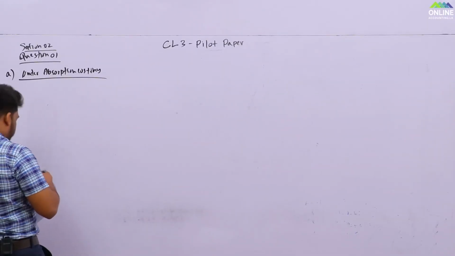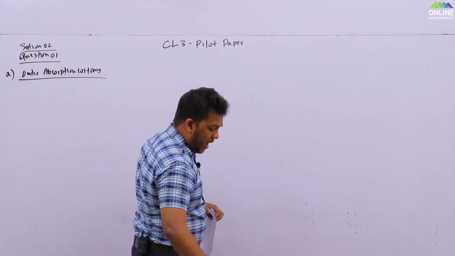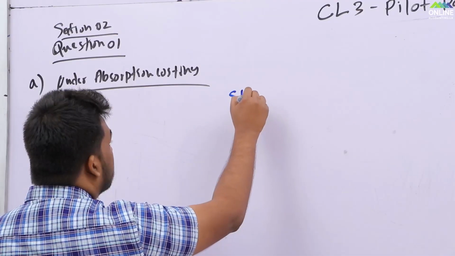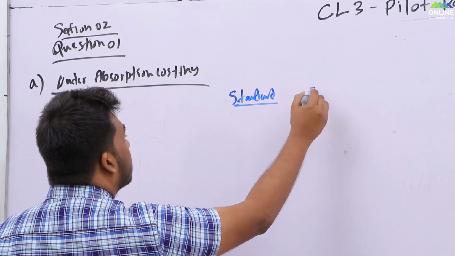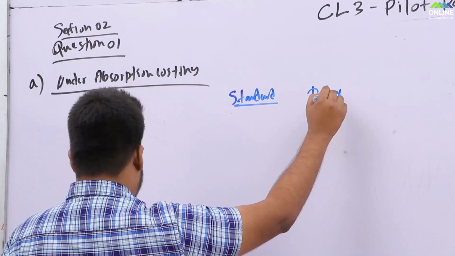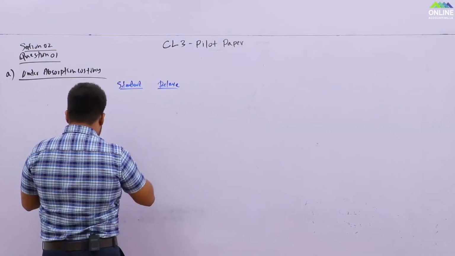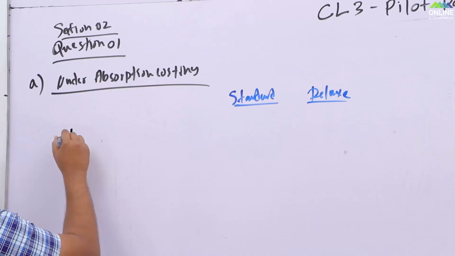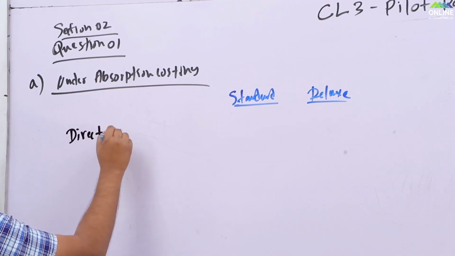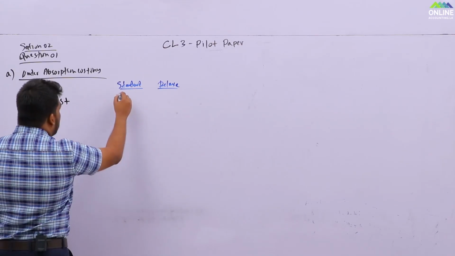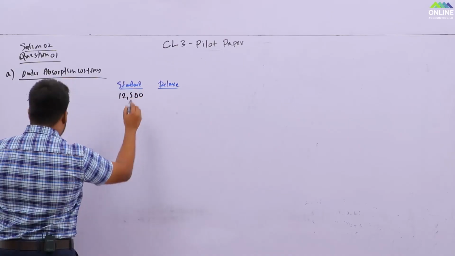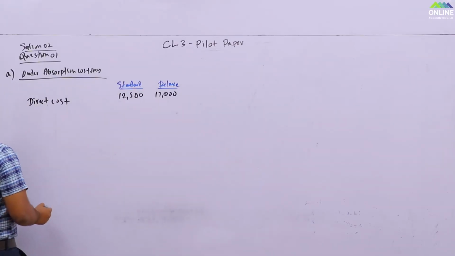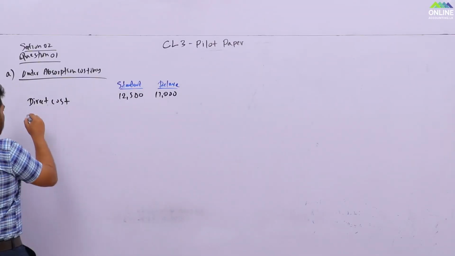You should have standard and deluxe columns. First of all you have direct cost. For standard that is 12,500, and for deluxe that is 17,000. Then overhead cost.